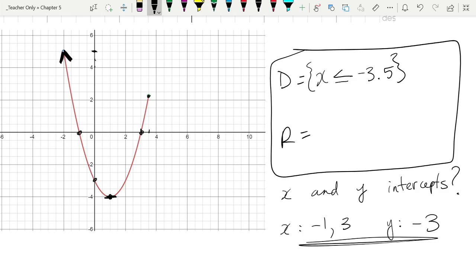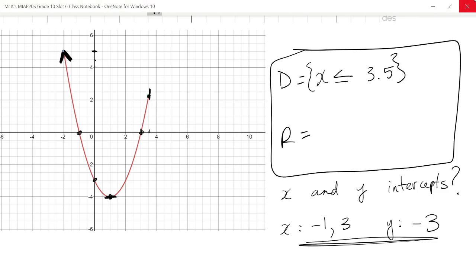What about your range? What are you thinking for range? Oh, why did I say negative? Thank you. You're more awake than I am. Nice job. This is not a negative number. Thank you. That was a mistake. That cost me half a mark.